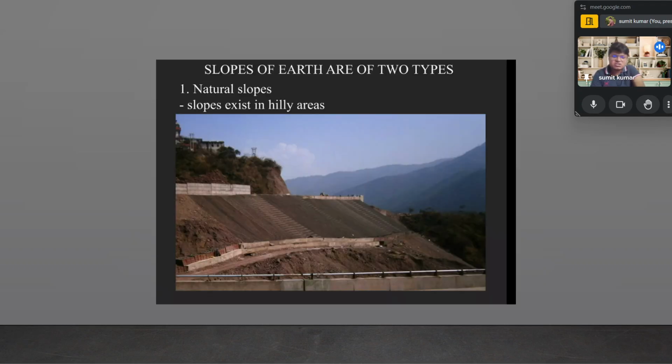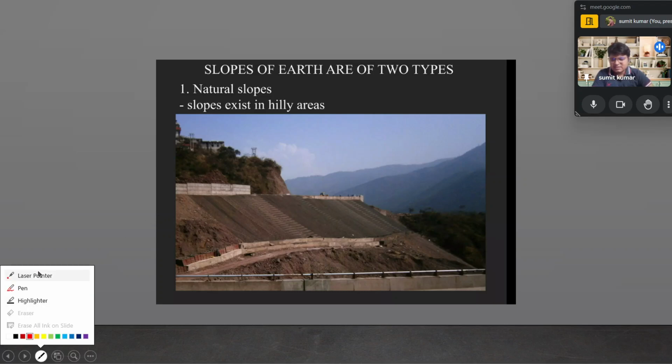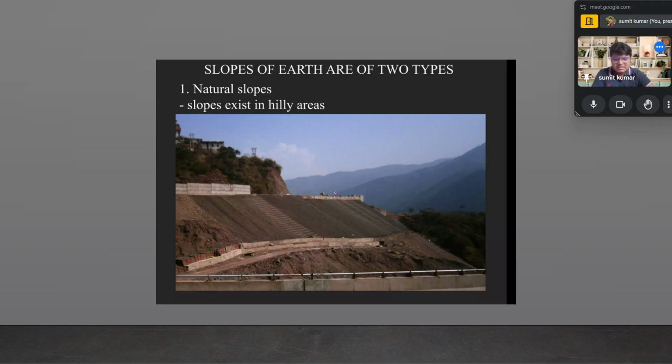And as you see over here from the figure, the natural slopes are presented. Slope present in the hilly area is the natural slope. As you see, some of these ranges, I will take a highlighter. Over here you can see this section. This section you can see over there.